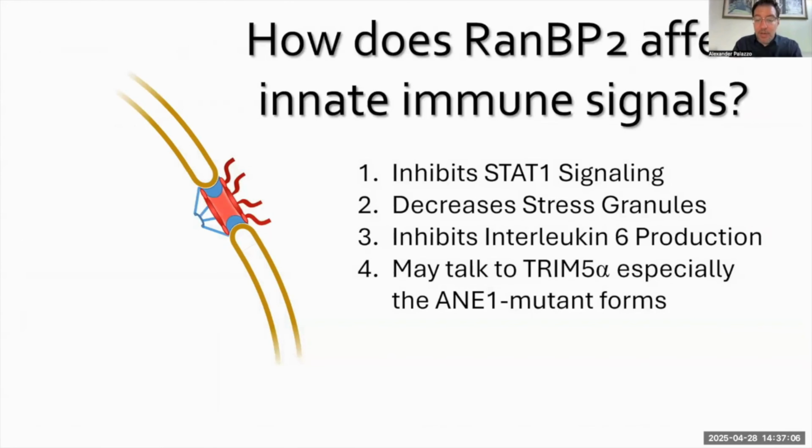And so we're still working on TRIM5 alpha. I don't know that we have the total insight of what the RanBP2 and TRIM5 alpha association is all about, but it does look like TRIM5 alpha is a protein that has enhanced binding to these ANE mutant forms of RanBP2.